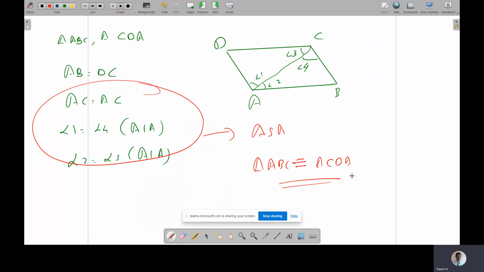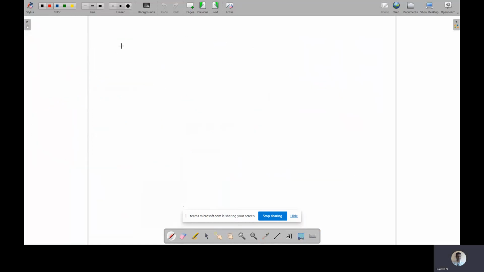Now, conditions for a quadrilateral to be a parallelogram.